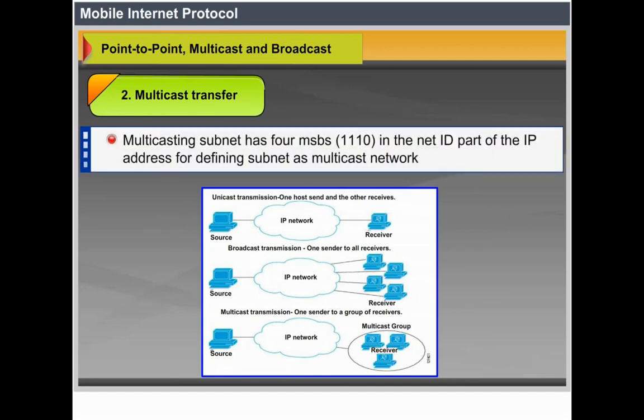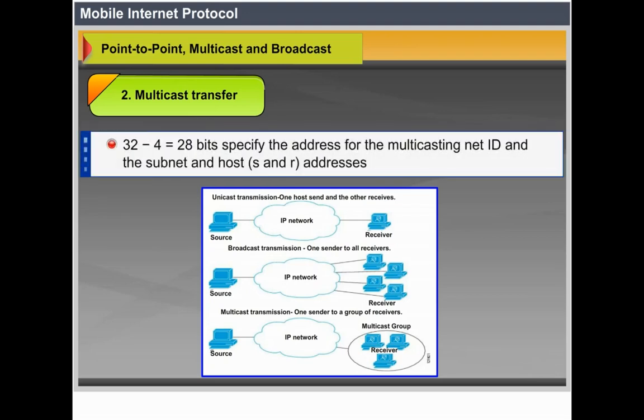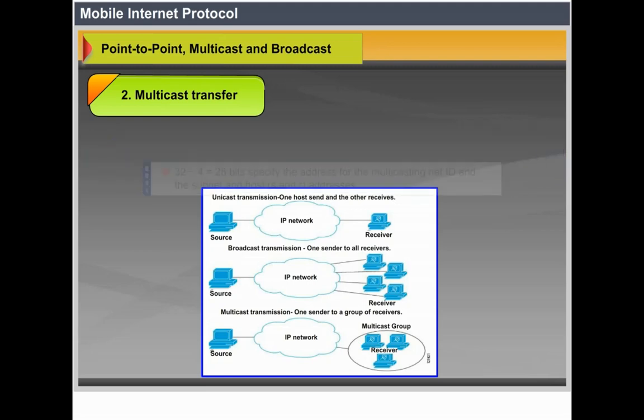A multicasting subnet has 4 MSBs 1110 in the net ID part of the IP address for defining the subnet as a multicast network. 32 minus 4 is equal to 28 bits specify the address for the multicasting net ID and the subnet and host addresses.